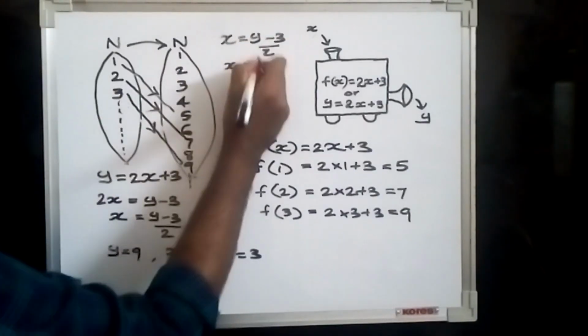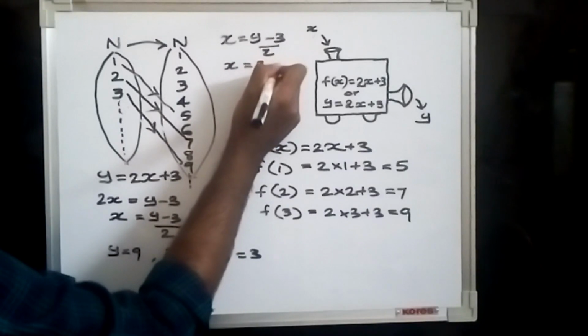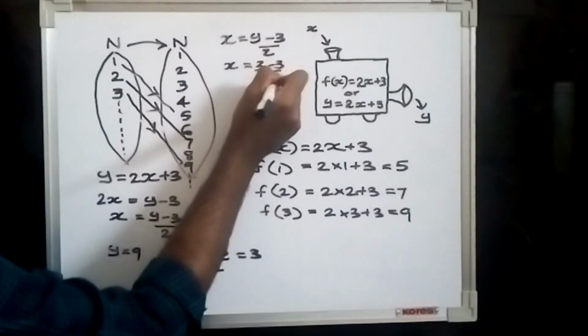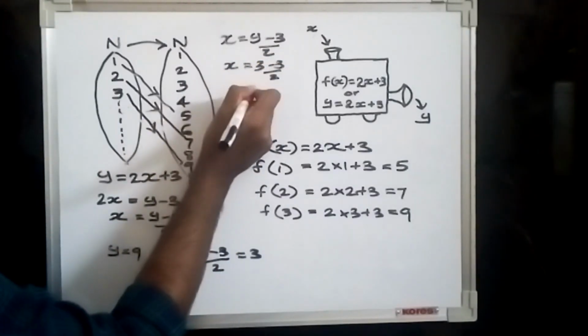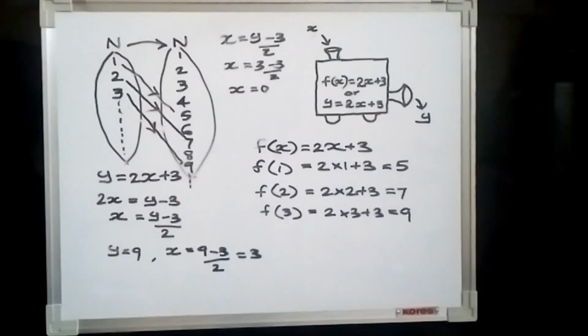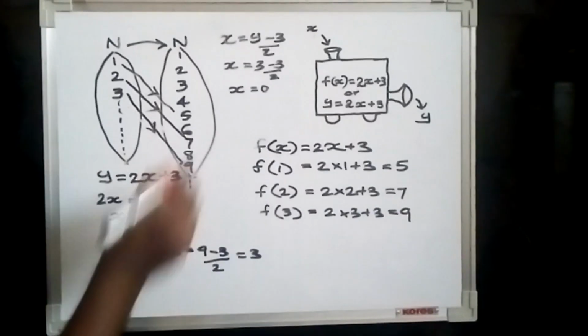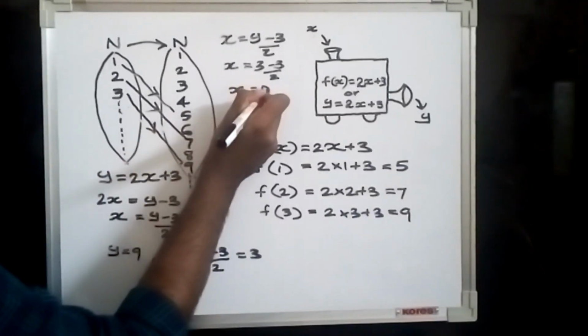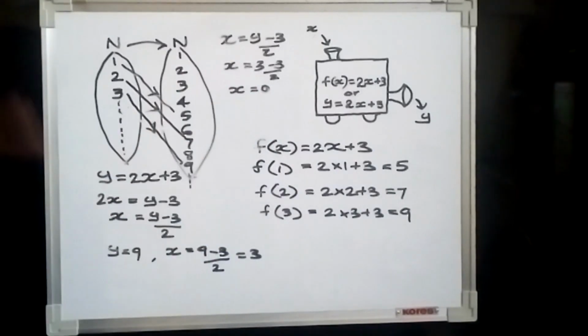That is, (3 minus 3) divided by 2, so x equal to 0. But x equal to 0 is not a natural number and we cannot find the input when the output is 3.